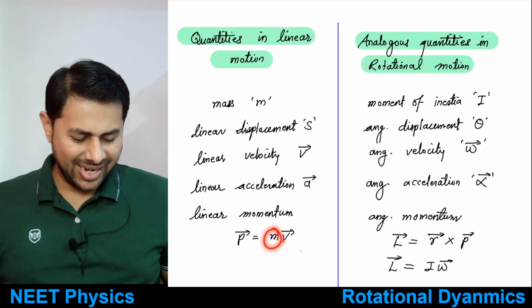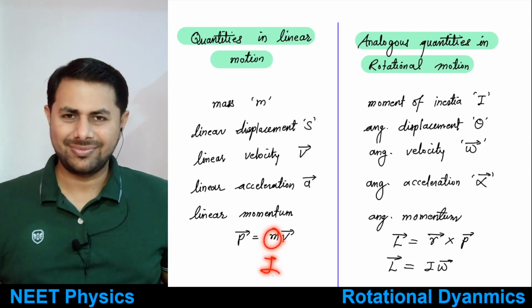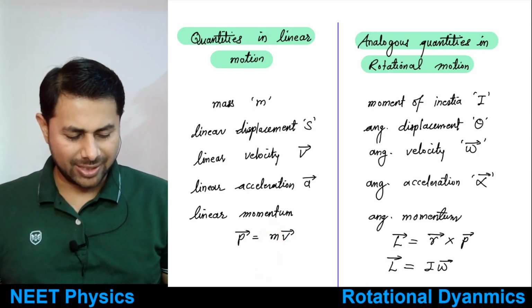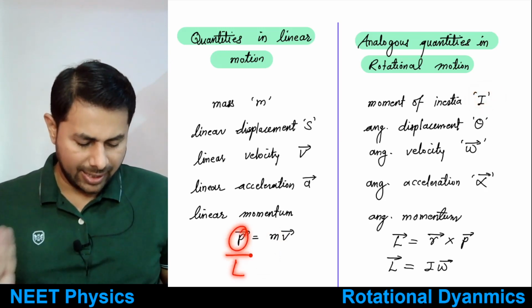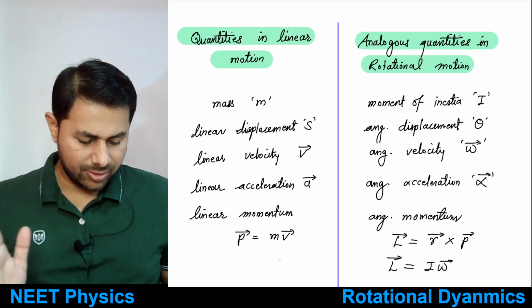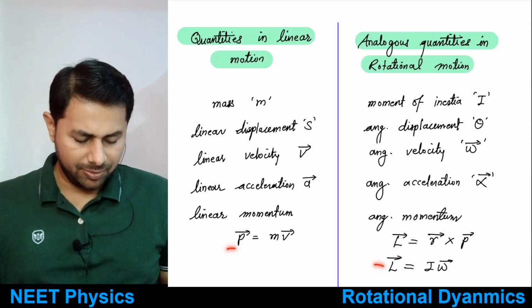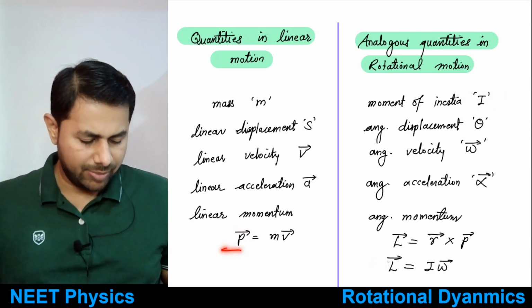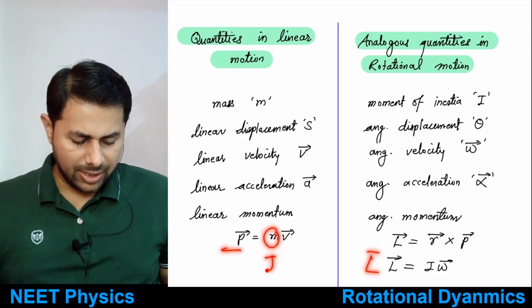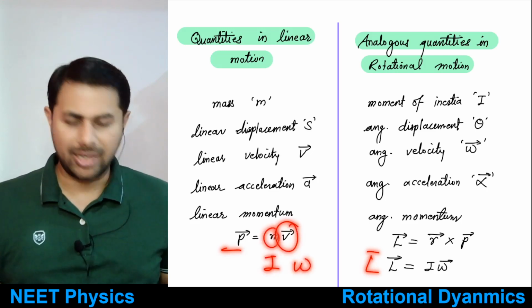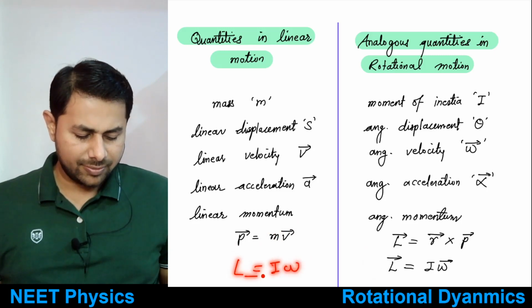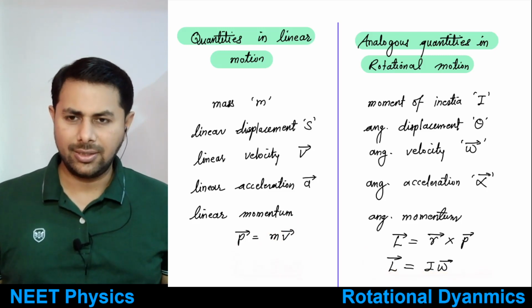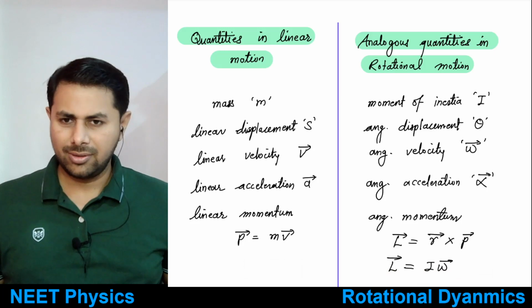So just change m by I. The analogous quantity of mass is moment of inertia. So just change p by L. Angular momentum is the analogous quantity of linear momentum. Change P to L, M to I, and V to what? Omega. So you get L is equal to I times omega, right? Okay, this is clear.